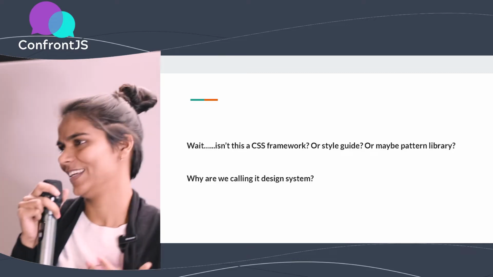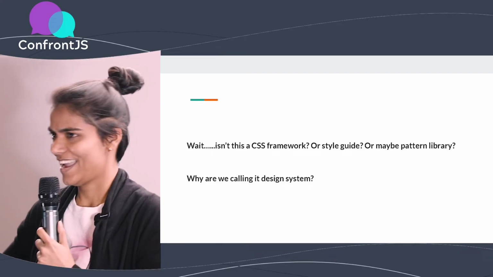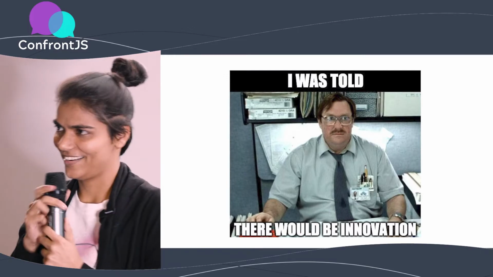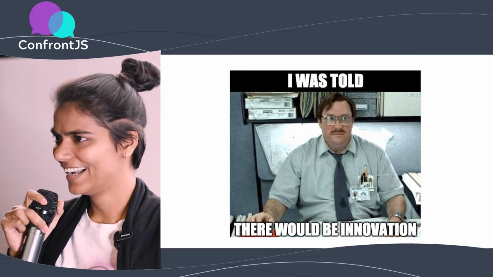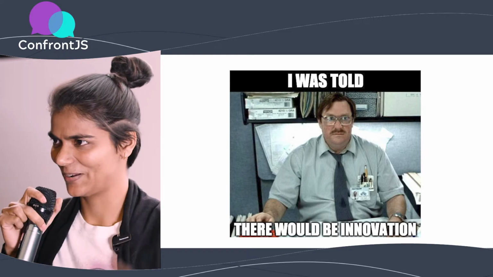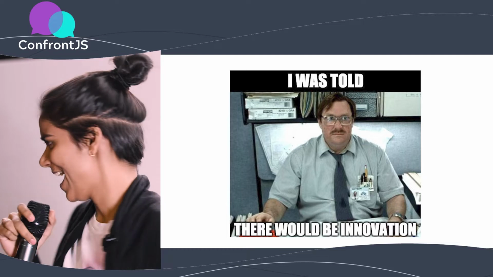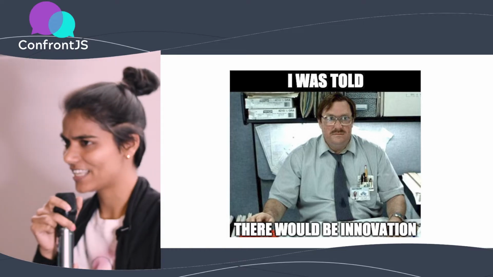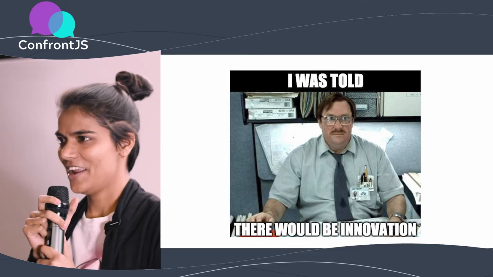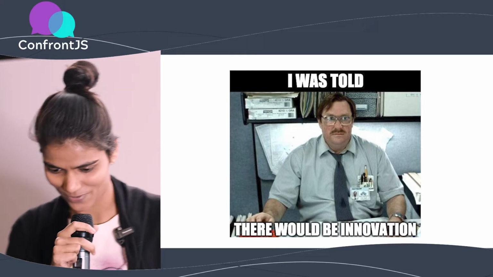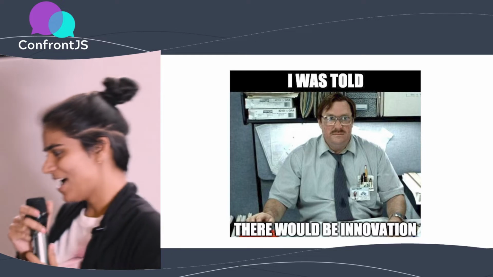Why are you calling it a design system? And now you would be wondering, wait, what just happened? I was promised an innovation, and then I'm talking about a CSS library now. And when people talk about design systems, it's like, oh yeah, that's something super new in the market. But well, here we are.